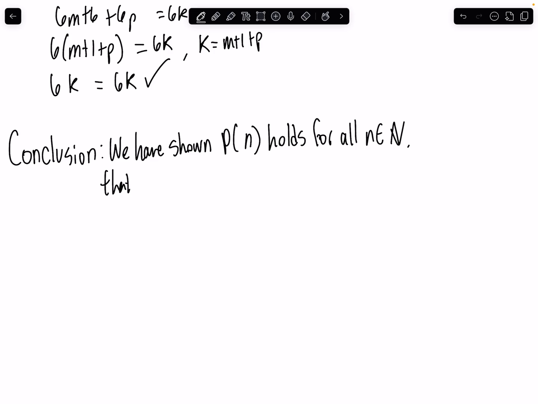And let's rewrite that in its full form, which is that n cubed plus 5n is divisible by 6. Thank you.